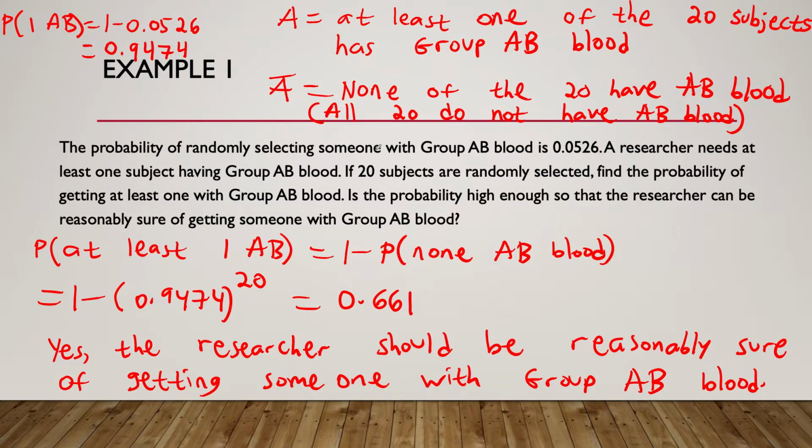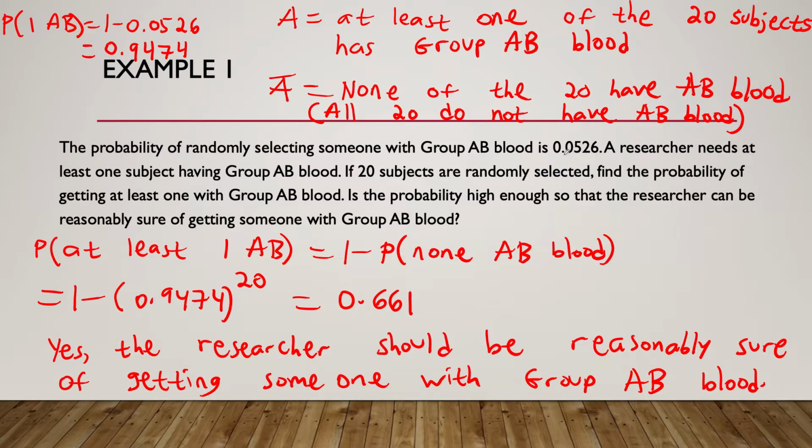To calculate the probability of at least one person having group AB blood, it's the same thing as 1 minus the probability of none of the people in the group having AB blood. We were told that the probability of AB blood is 0.0526, so 526 ten-thousandths.